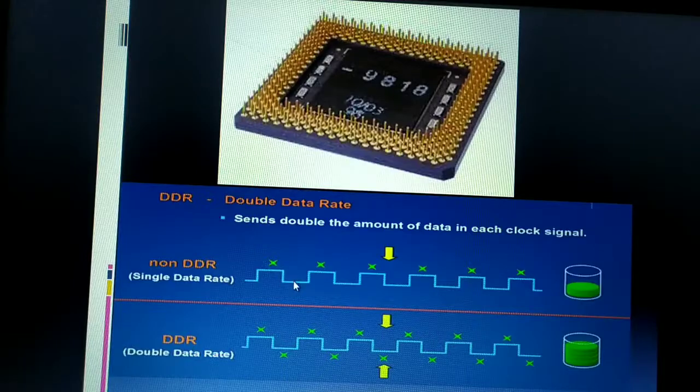Whenever the signal is low, the data will not be passed by any kind of RAM slots like SD RAM, DIM slots. They will transfer the data only at the rising edge of this clock signal. Whatever X marks you can see, only at that particular time, at the rising edge of your clock signal, the data will be transferred to the CPU.